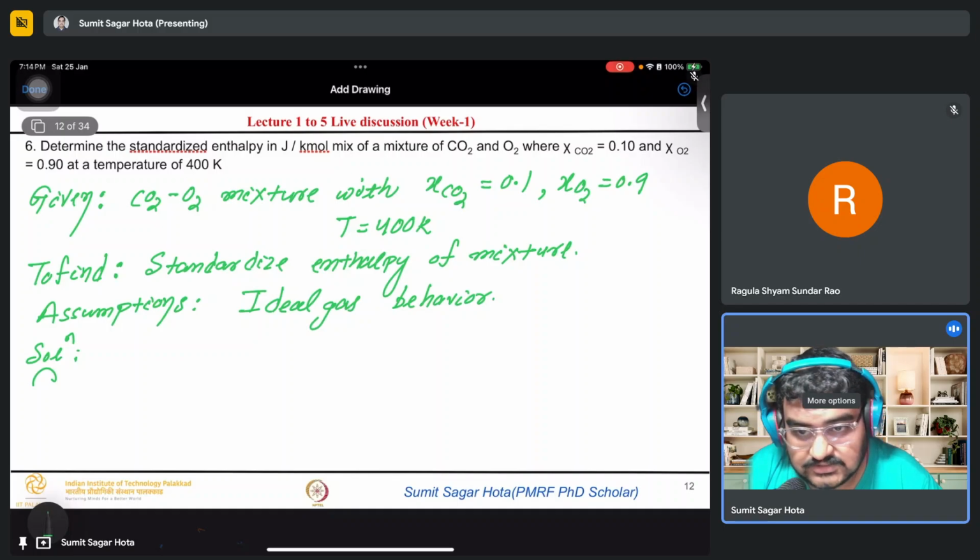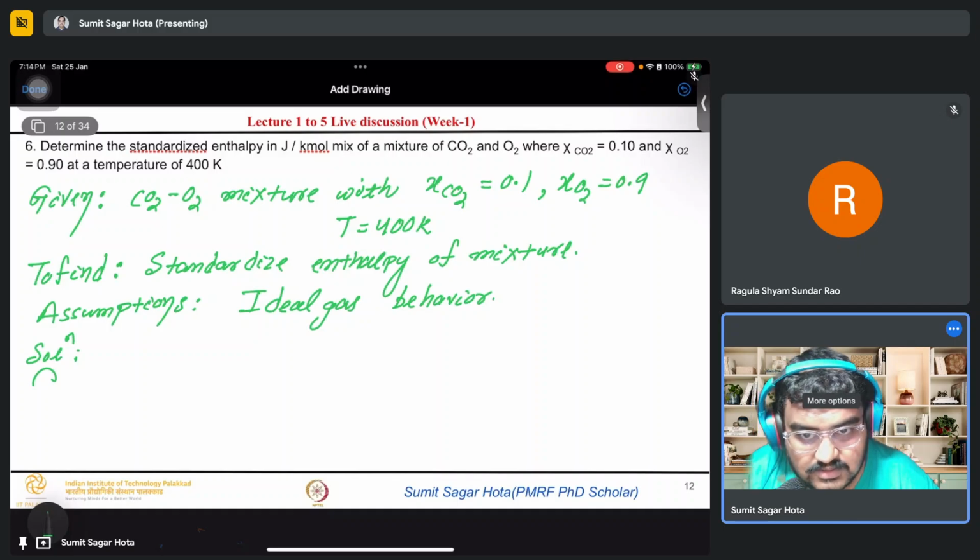For finding the standardized enthalpy, what is the standardized enthalpy? The standardized enthalpy is the enthalpy of formation plus the sensible enthalpy for a particular species.